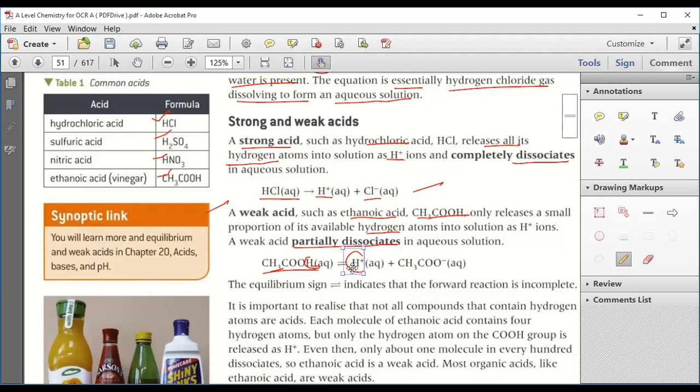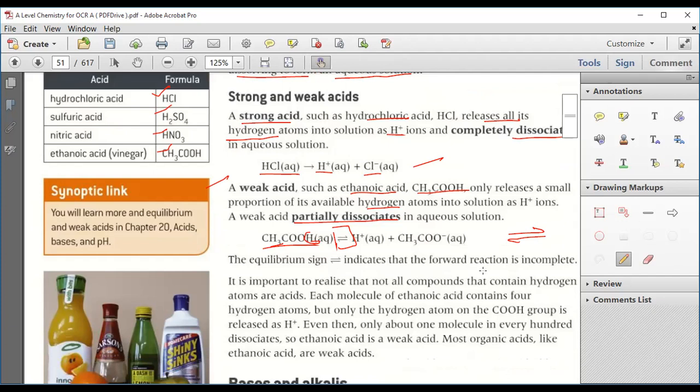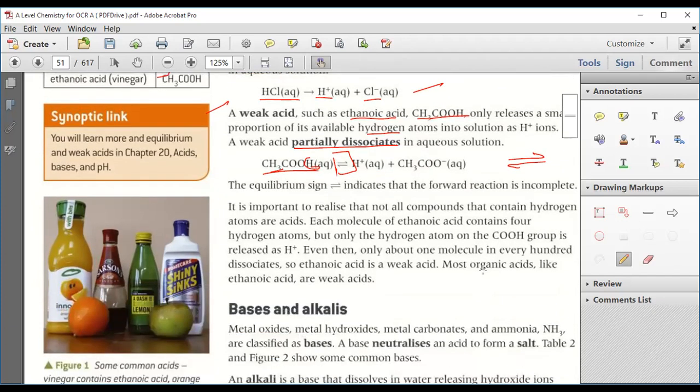And this sign, the equilibrium sign, indicates that the forward reaction is incomplete or it can be reversed. So the reaction can occur in both ways.